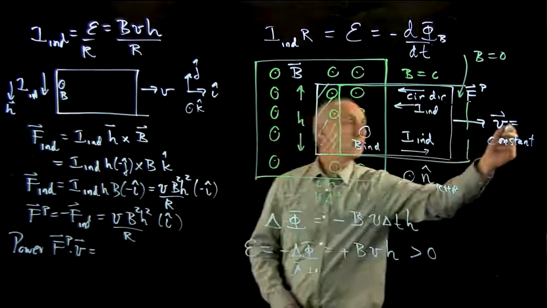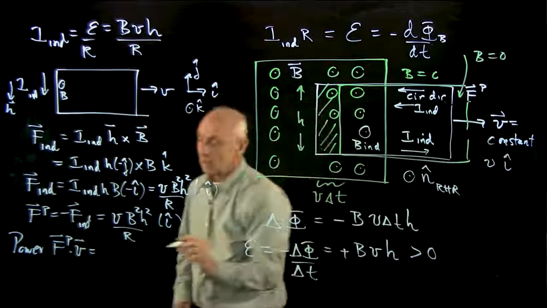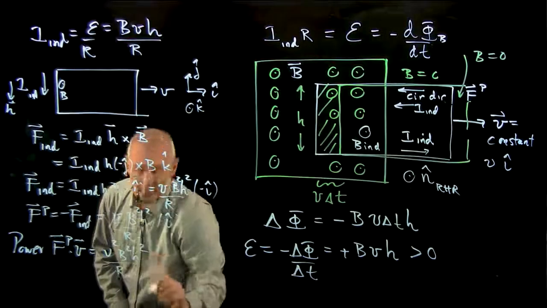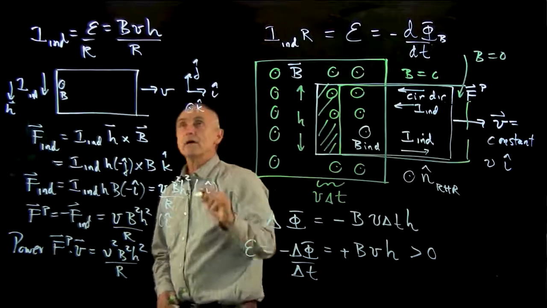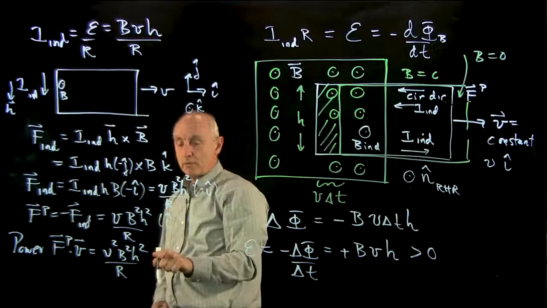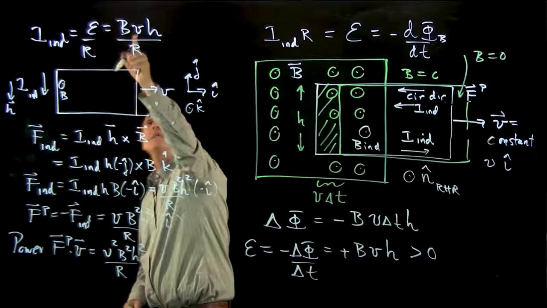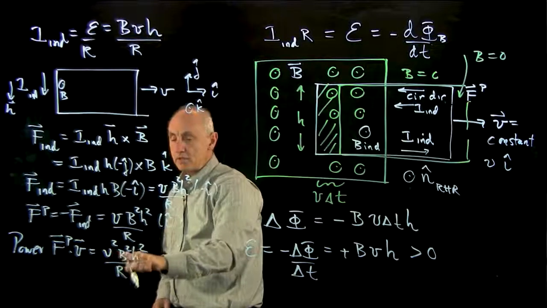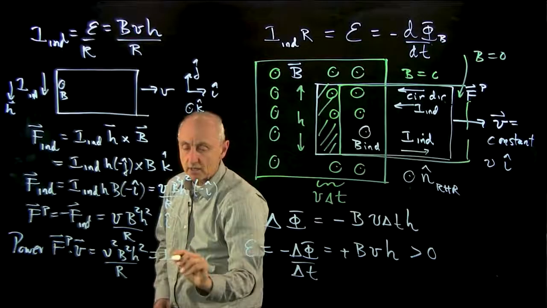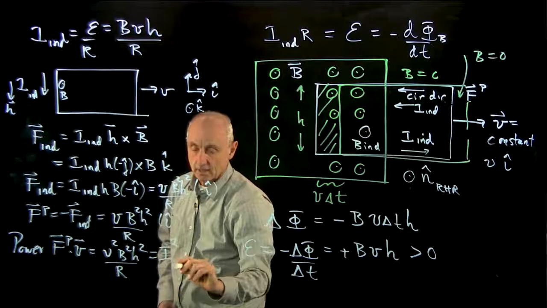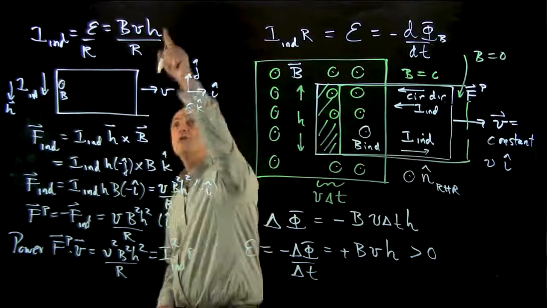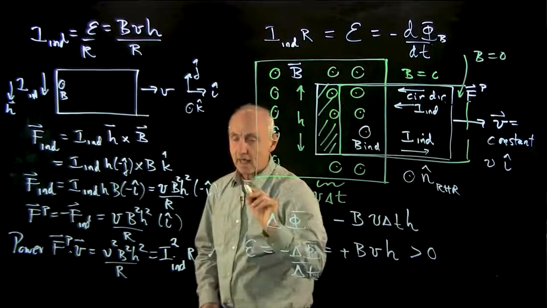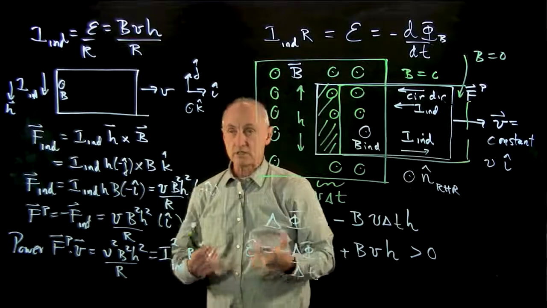So the velocity is in the i hat direction, and I get v squared B squared h squared over R. Now, if I can rewrite this, notice that I is B v h over R, but I have a quantity v squared B squared h squared, so it's easy to see that this is I squared times R. You have to multiply I squared by an R to get that. And that is the power that I need to put into the system.